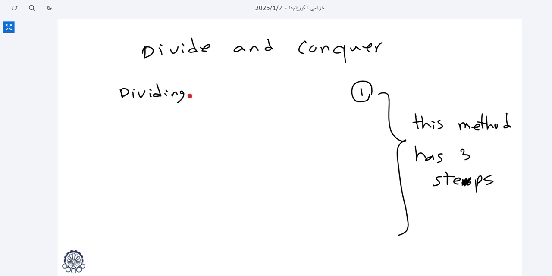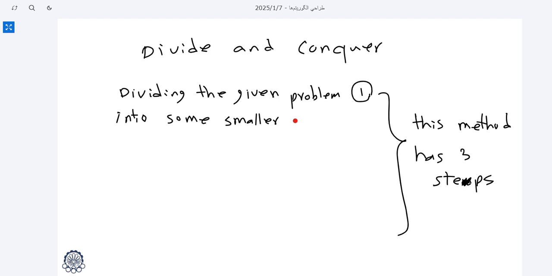Dividing the given problem into some smaller subproblems.